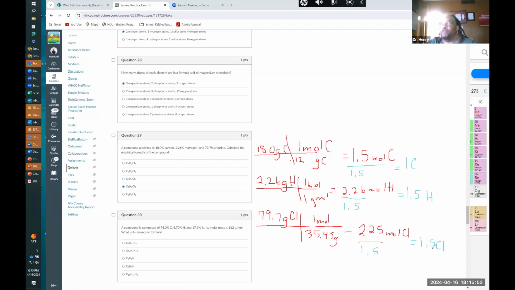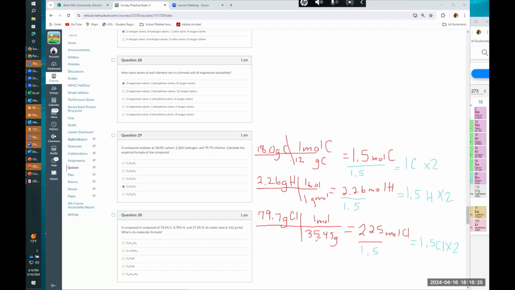If I have 50 cents, how can I get a dollar? I need 50 more cents, so that's how many? 2. There you go. So we're going to multiply this times 2, and then we multiply everything by that same value.